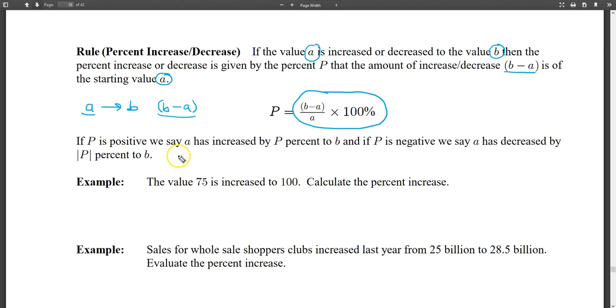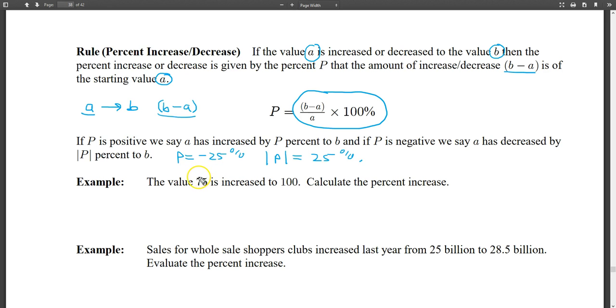So if, for example, P is negative 25%, the absolute value of P will be positive 25%. So you just have to be careful of this. We'll look at an example down here in a second.